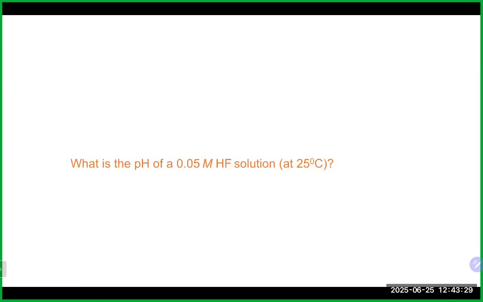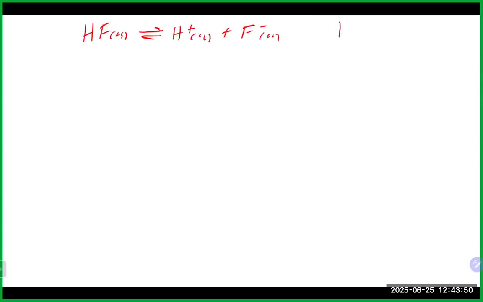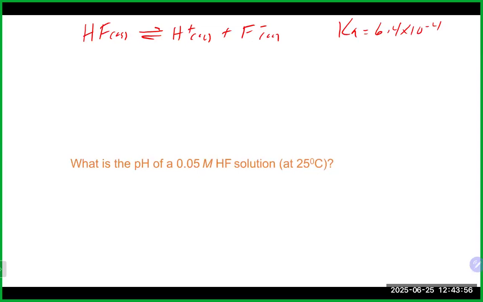if you did this exact same problem, except that your concentration was different, for example, if we had HF going to our H plus and our F minus, with a Ka of 6.4 times 10 to the minus 4, and let's say instead of 0.5 molar we have 0.05 molar as our initial.